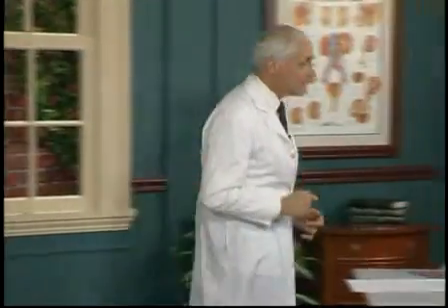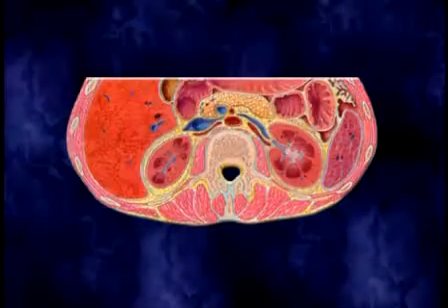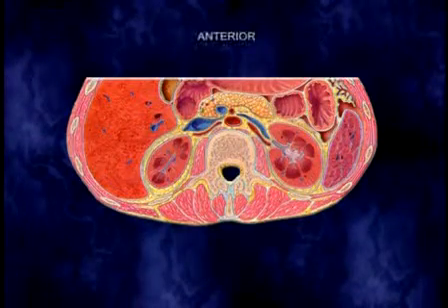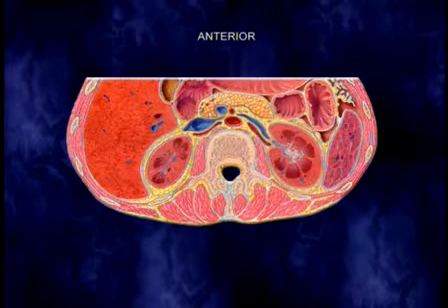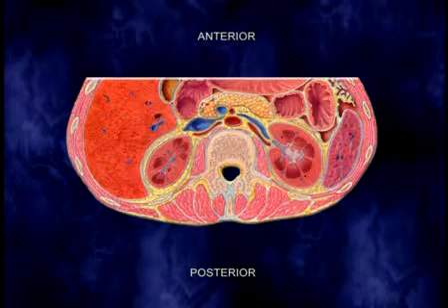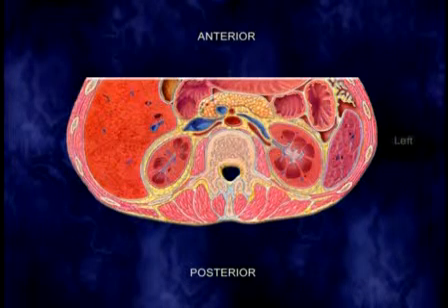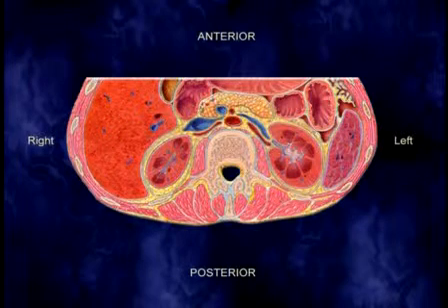If we come back here to this slide, what you'll see is this represents the anterior or the front of the abdomen, cut off a little bit because of the size of the slide. Here's the patient's back, and since we're looking up, this would be the left side, and this would be the right. Look now at some of the organs.